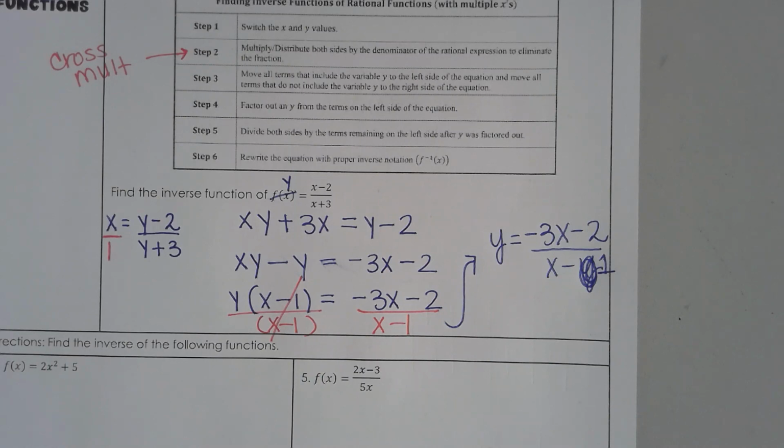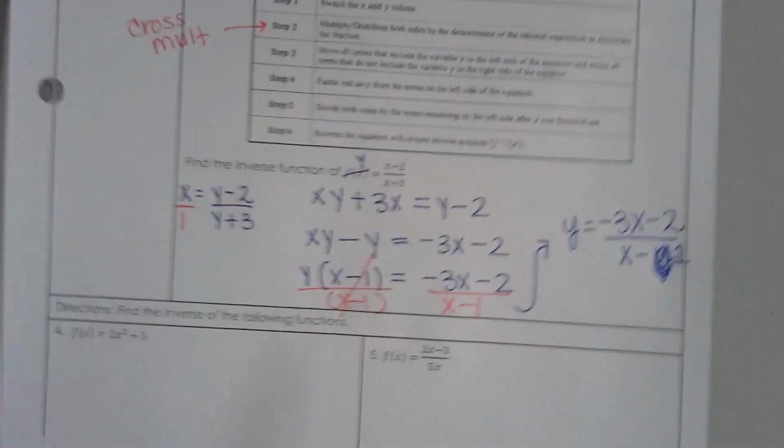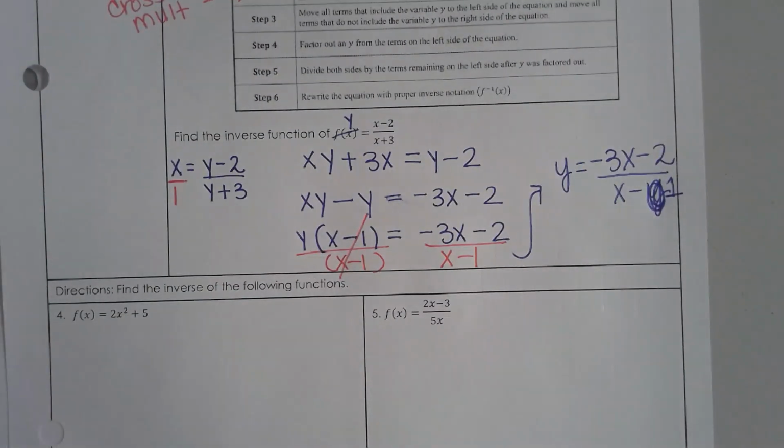But if you have to find the inverse and you have x's on top and bottom, you're going to do those steps. Cross multiply, get all the y's together, factor out the y, divide. A lot of steps, but if you do enough examples, hopefully you'll kind of remember those steps.